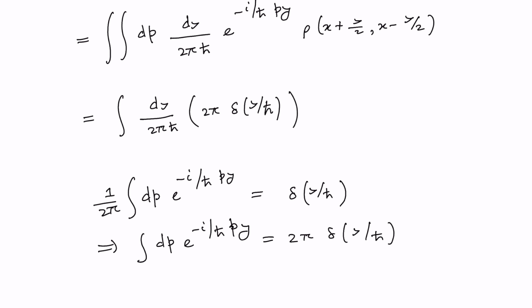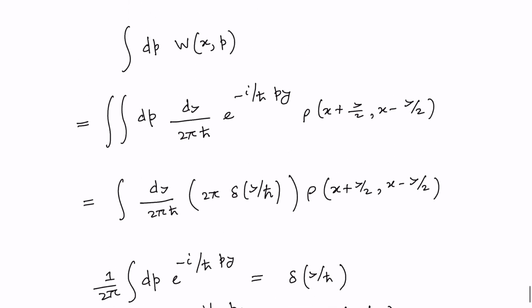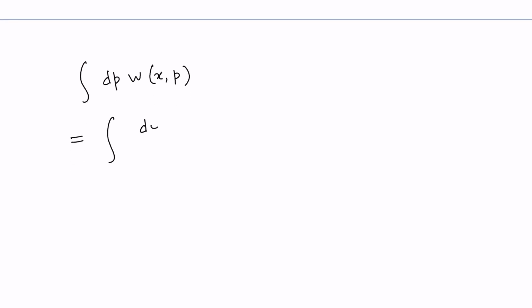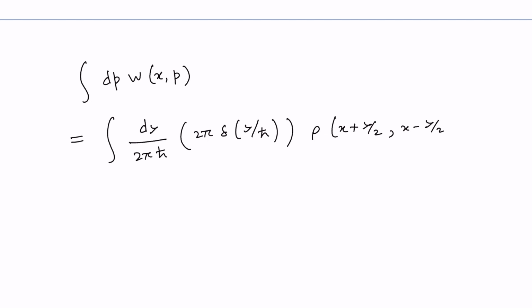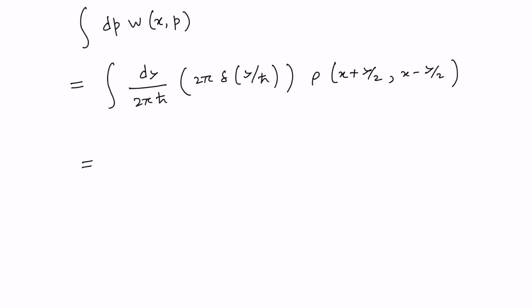So utilizing this result, I have 2 pi delta of y by h bar, and then rho of x plus y by 2, x minus y by 2. So let me write it once again here. I have integral dp of W of x, p is equal to dy divided by 2 pi h bar, 2 pi delta of y by h bar, rho of x plus y by 2, x minus y by 2, and this I can further write using the property of the delta function.